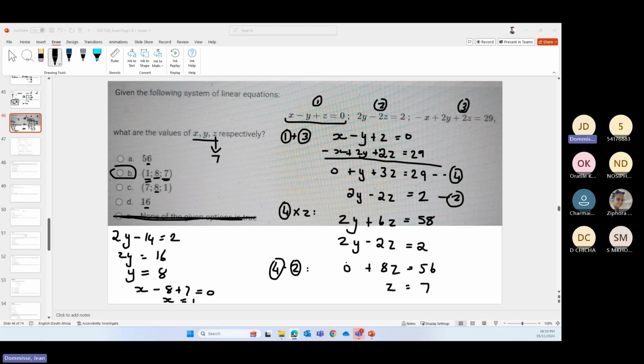Okay, so just quickly in this component. What I did was to say, after I've created this formula 4, take my formula 4 and multiply it by 2, because I'm looking at something that matches my formula 2. So take formula 4, multiply by 2.